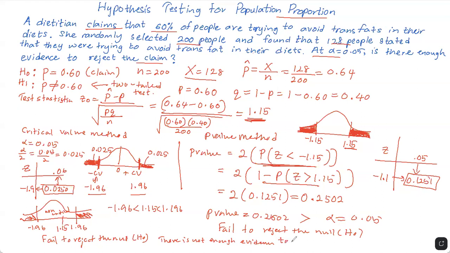In this case, since the claim is the null hypothesis, we write down there is not enough evidence to reject the claim that 60% of people are trying to avoid trans fat. Okay, so that's the conclusion.